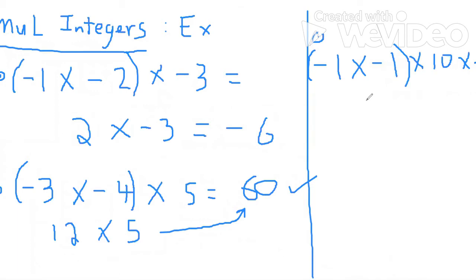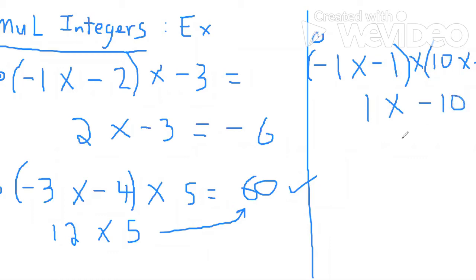What's negative times negative? Positive. Right, so negative times negative gives you positive 1. And you go over here and bracket that now. Continue. Positive 10 times negative 1 gives you negative 10.